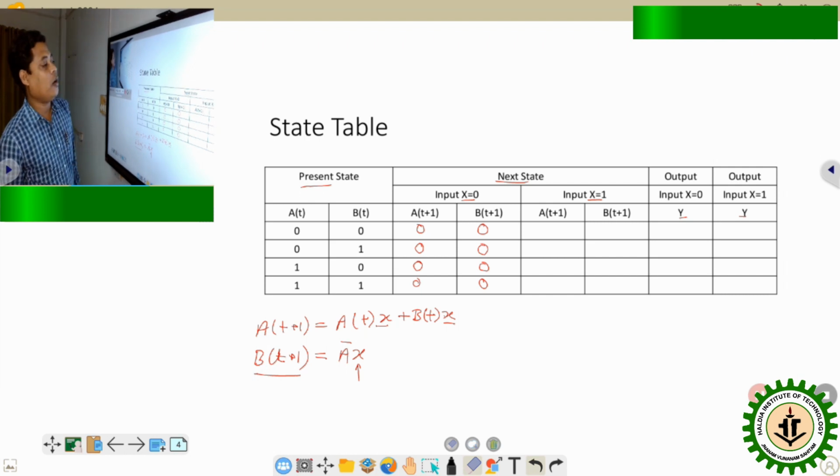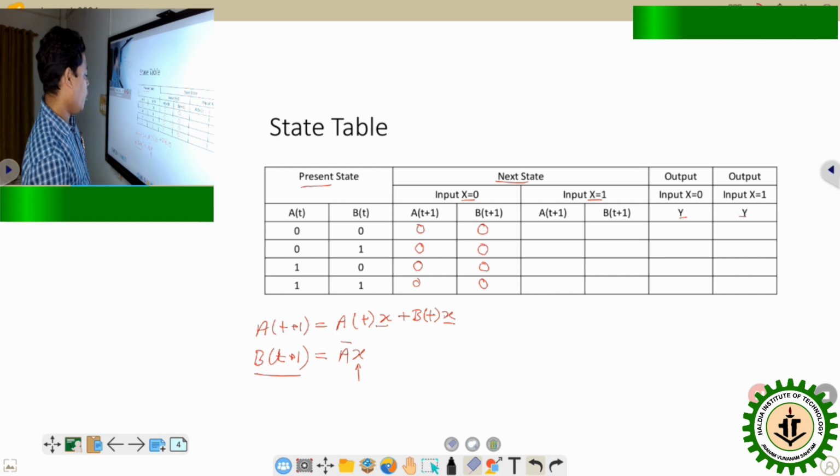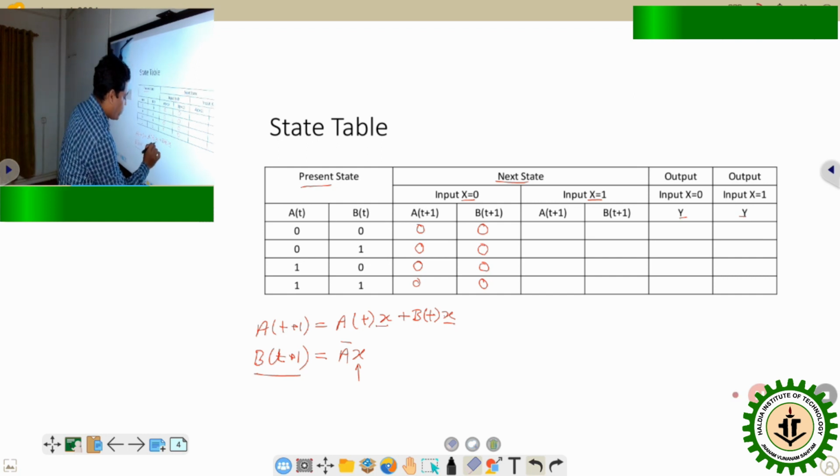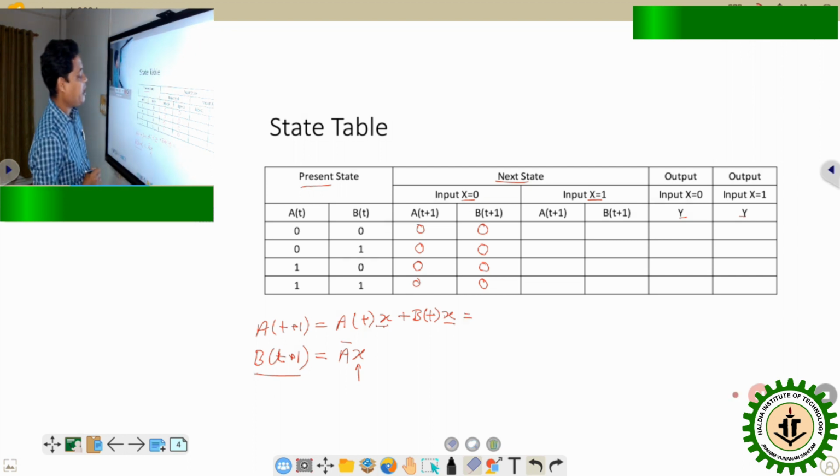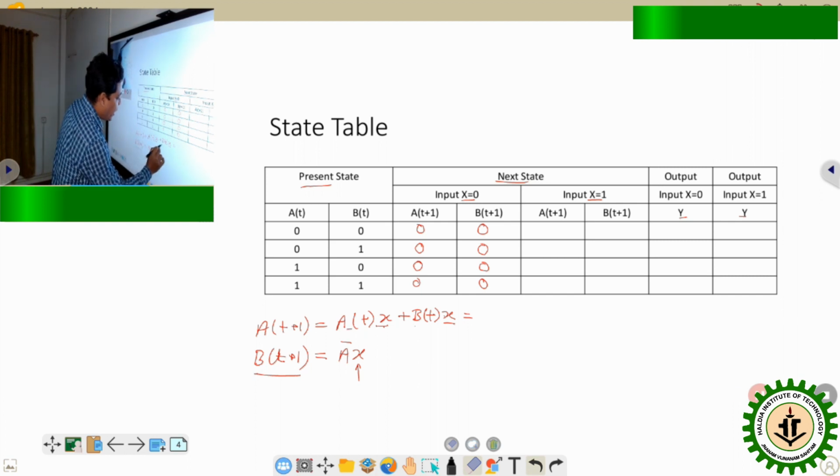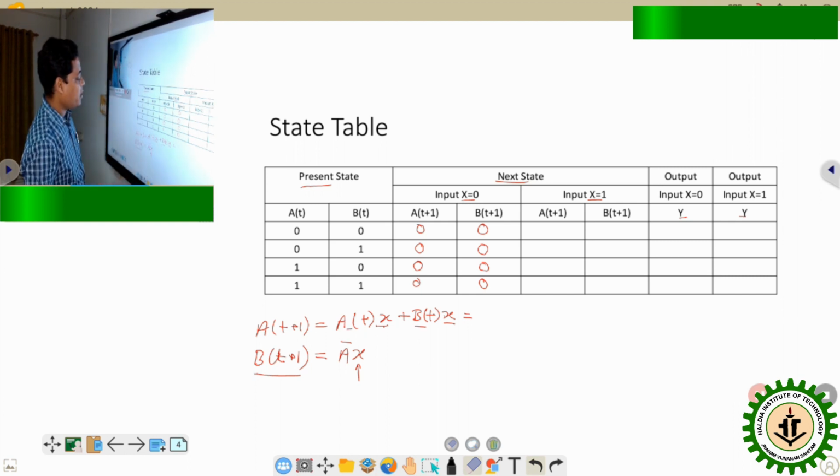Now let's find out what the next state will be if X equals 1. From the equation, if X equals 1, it comes to A(t) plus B(t) only. So if A(t) and B(t) are both 0 0, then only A(t+1) will be equal to 0.